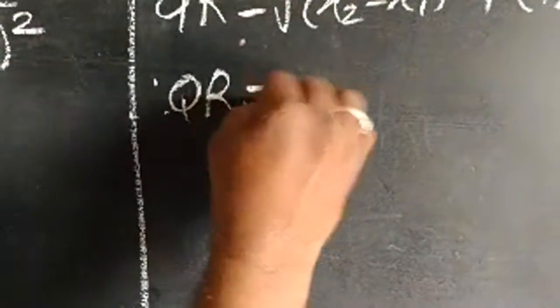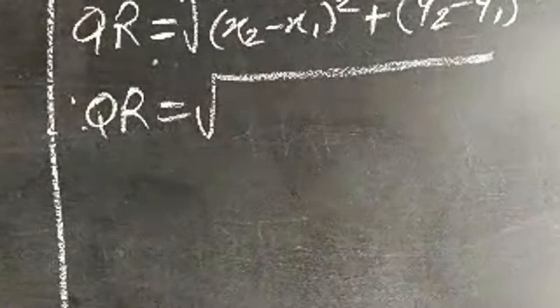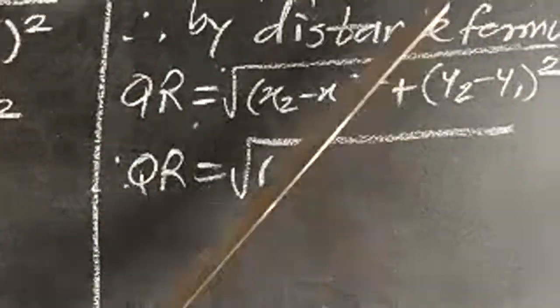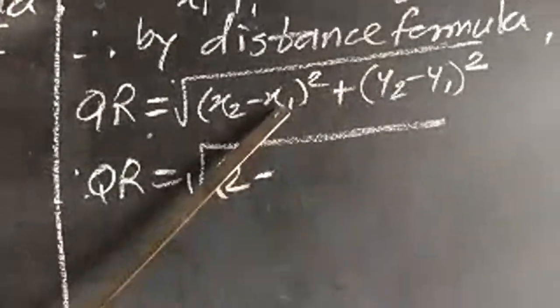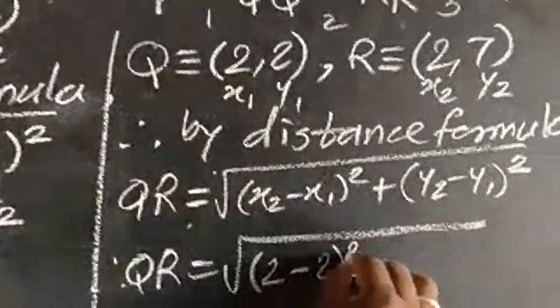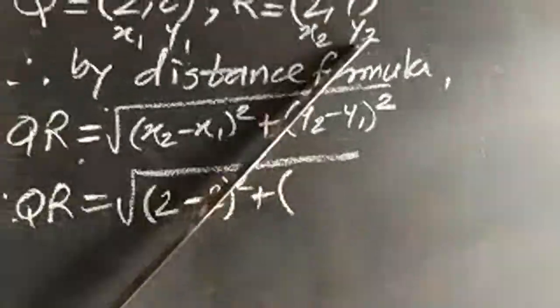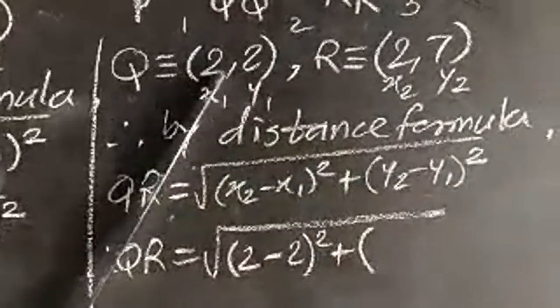Therefore QR is equal to square root of (2 minus 2) bracket square, where the value of x2 is 2 and the value of x1 is 2, plus (7 minus 2) bracket square, where y2 is 7 and y1 is 2.